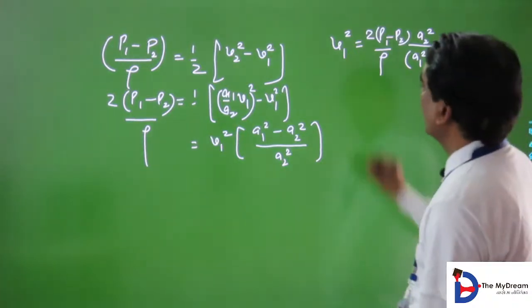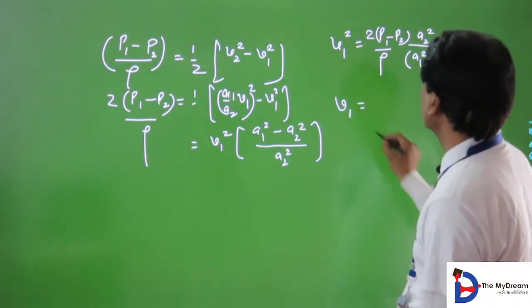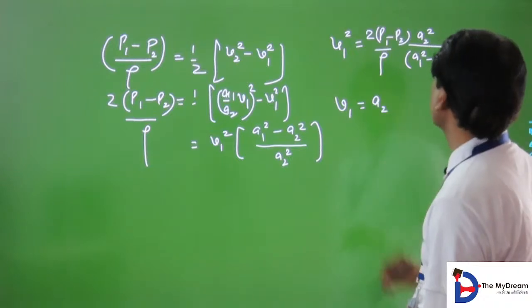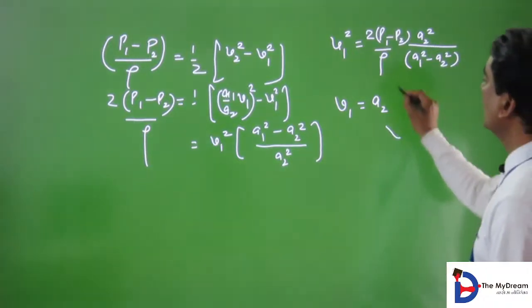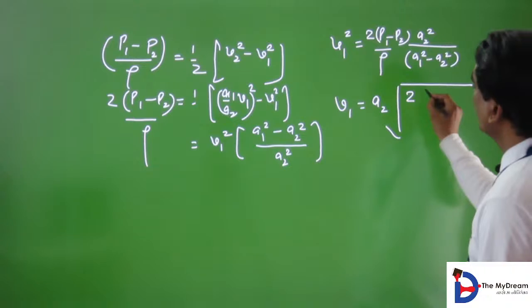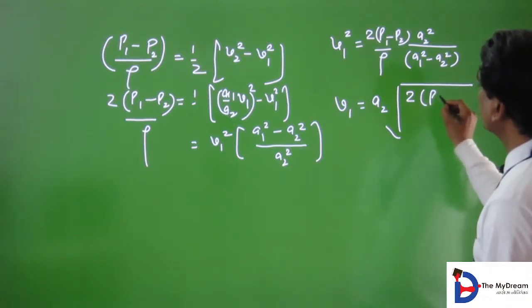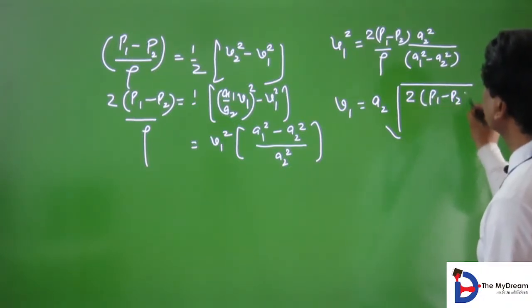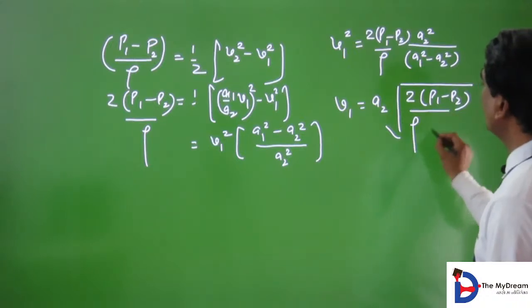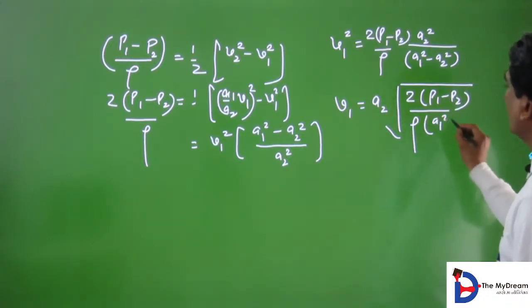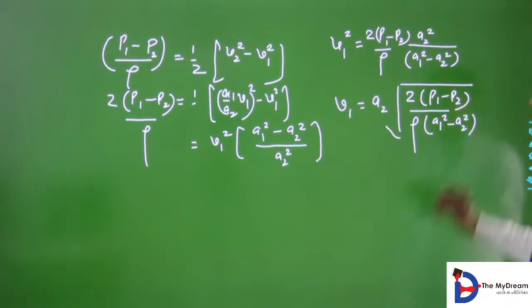Then V1 equals A2 under root twice P1 minus P2 divided by rho times A1 square minus A2 square.